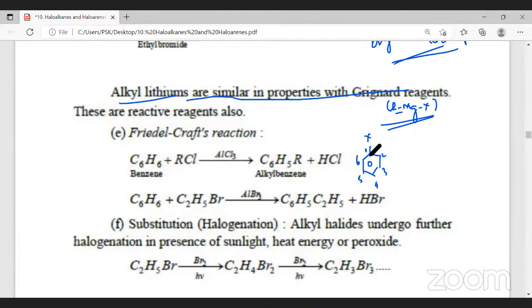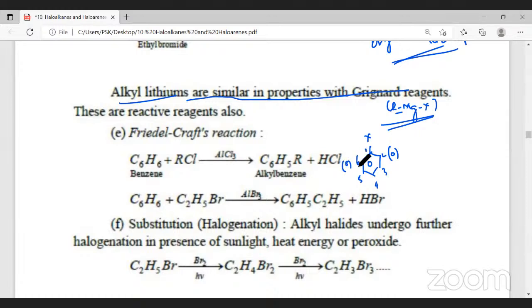Now, this is a substituted benzene. In place of hydrogen, we have substituent X. The carbon atom adjacent to the carbon containing the substituent is called ortho. So the second carbon is very close to the first carbon atom because the first carbon atom contains the substituent.